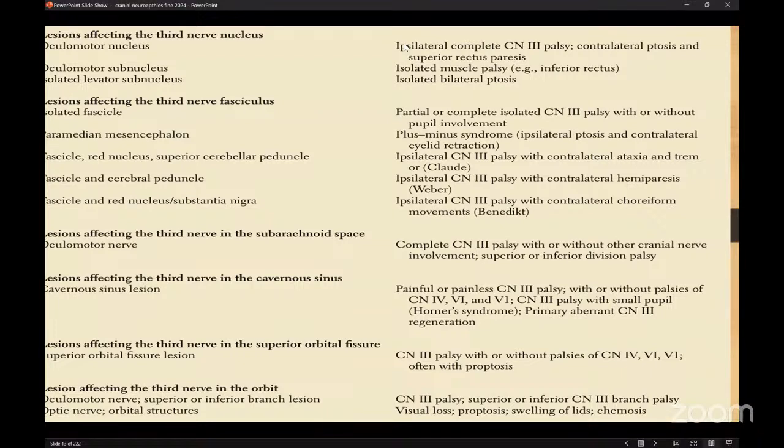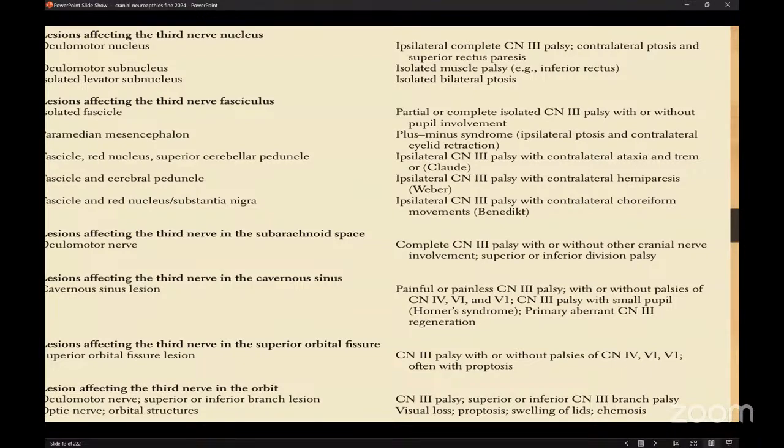If it is subnuclear involvement, each subnucleus can get affected, like just the superior rectus, but it is very rare. Isolated levator palpebrae subnucleus, that is the central caudal nucleus, can get affected, giving rise to bilateral ptosis.